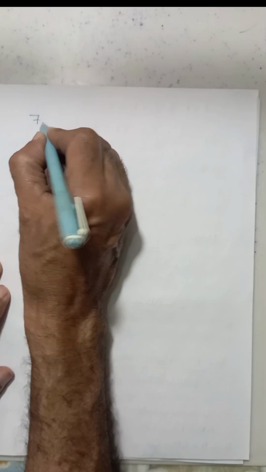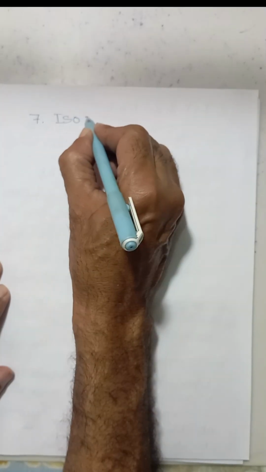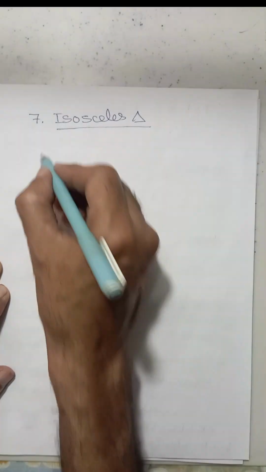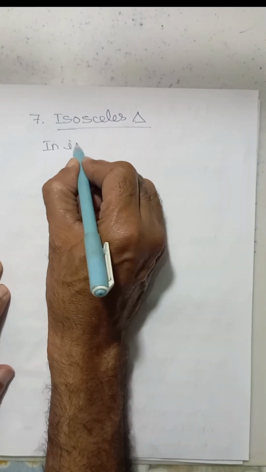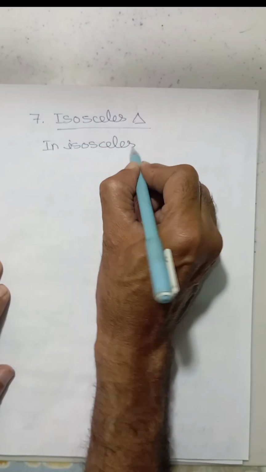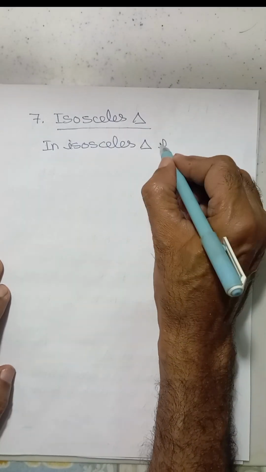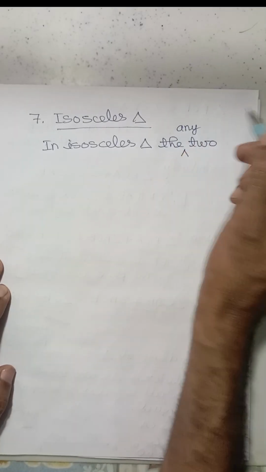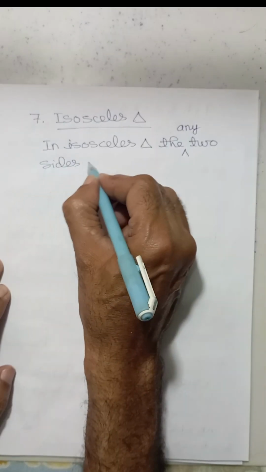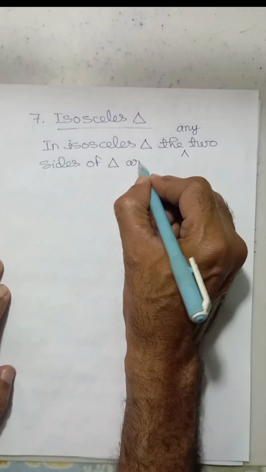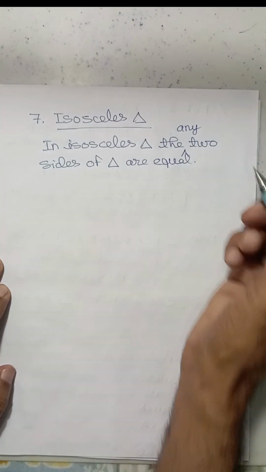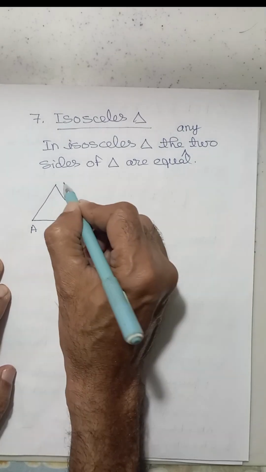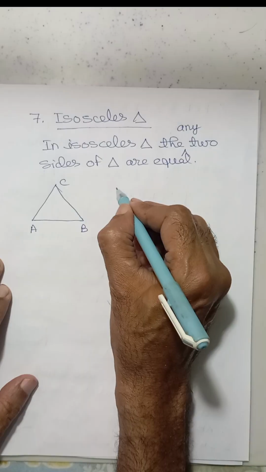Now we'll come to the isosceles triangle. In an isosceles triangle, any two sides of a triangle are equal. Suppose ABC is a triangle.